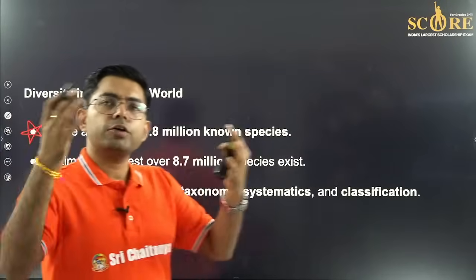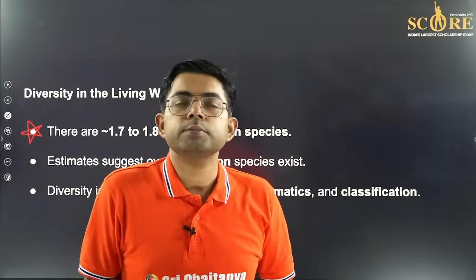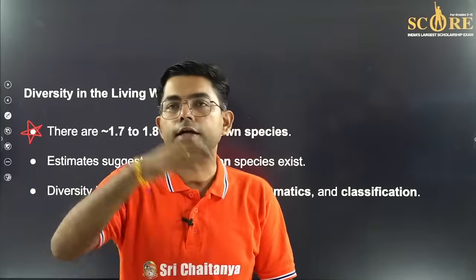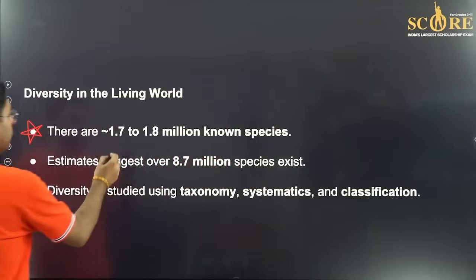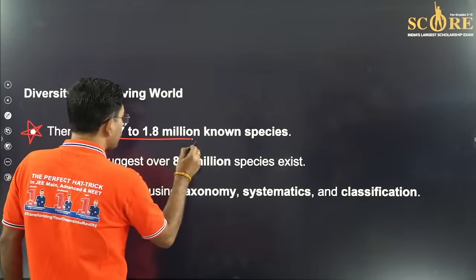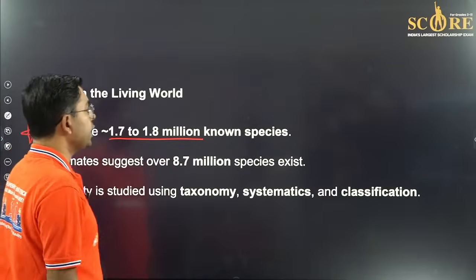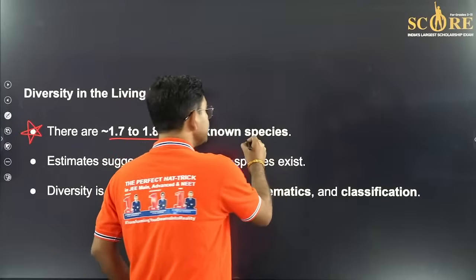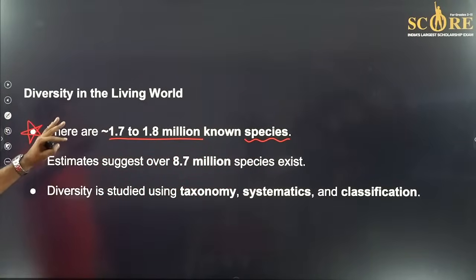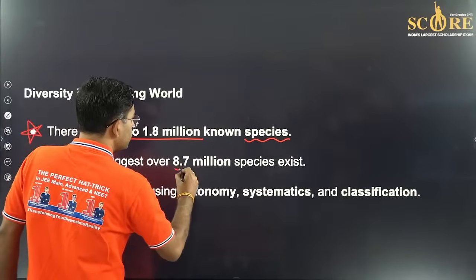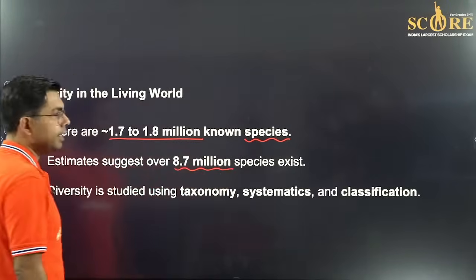We know that living organisms are there. Living organisms consist of a large number of plants, animals, microbes, right? So this diversity, if we count, there are 1.7 to 1.8 million known species. Now, it is estimated that there are about 8.7 million species.